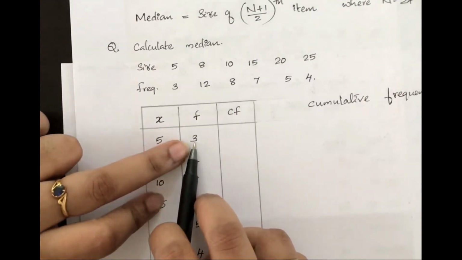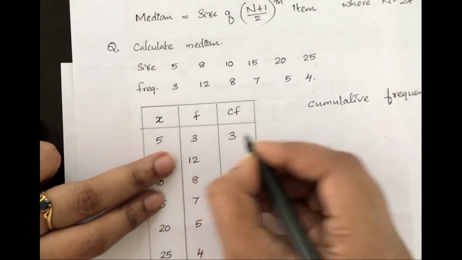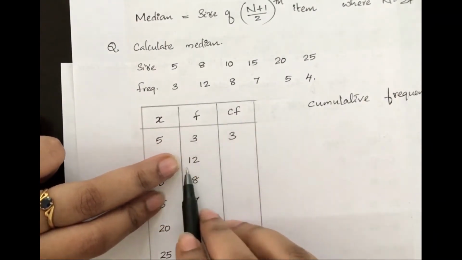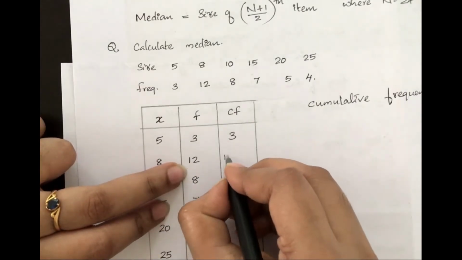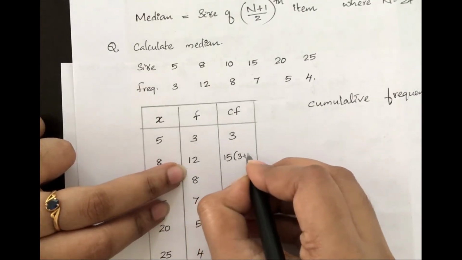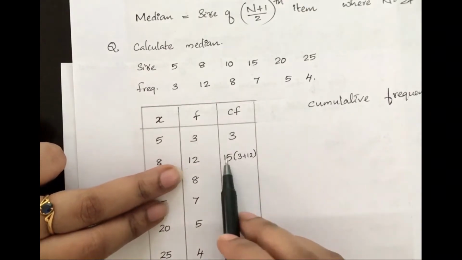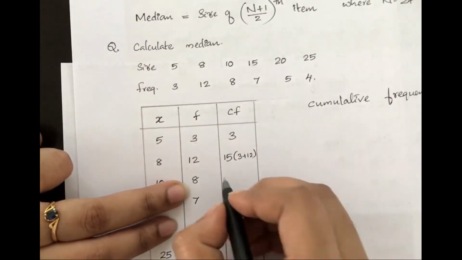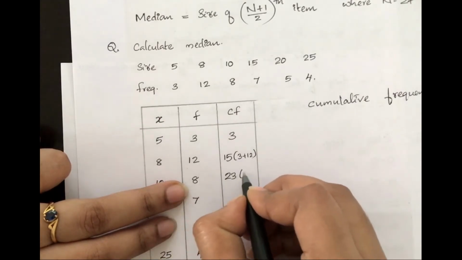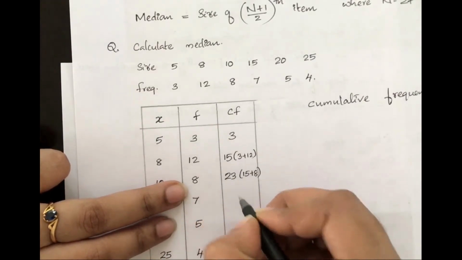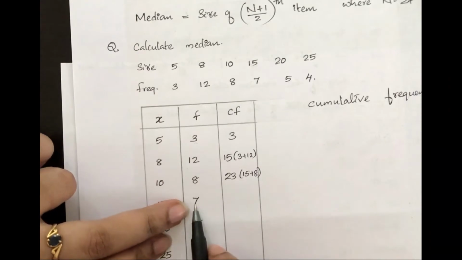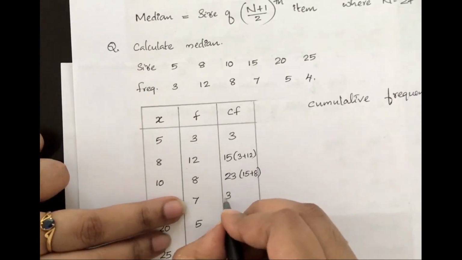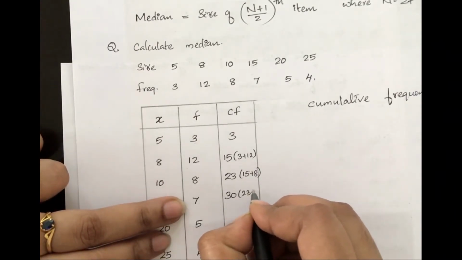Cumulative frequency of the first is 3 itself. Second, 3 plus 12 is 15. Next, 15 plus 8 is 23. Next, 23 plus 7 is 30.